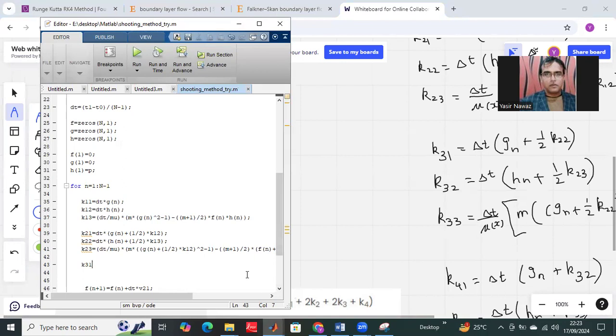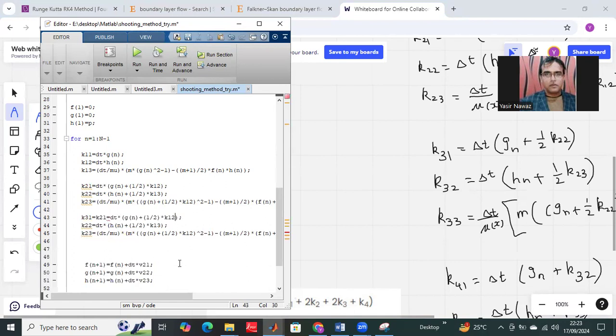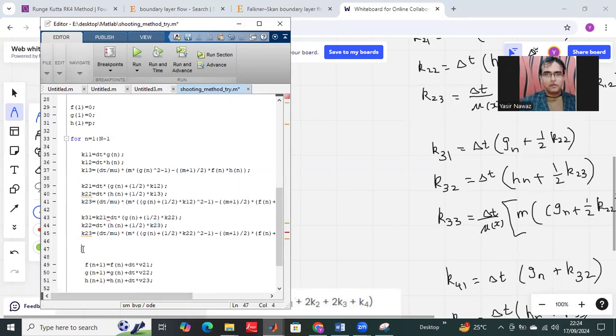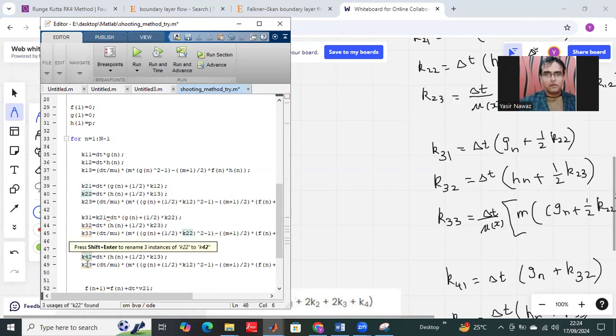K31 is equal to delta t, and so that will be 2 3, 4 3.